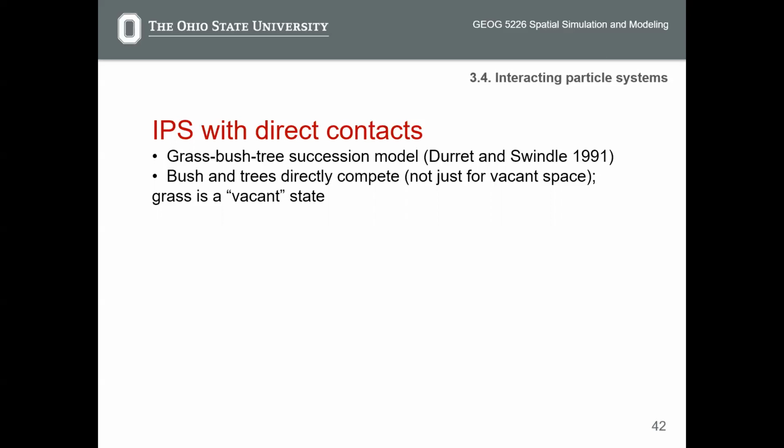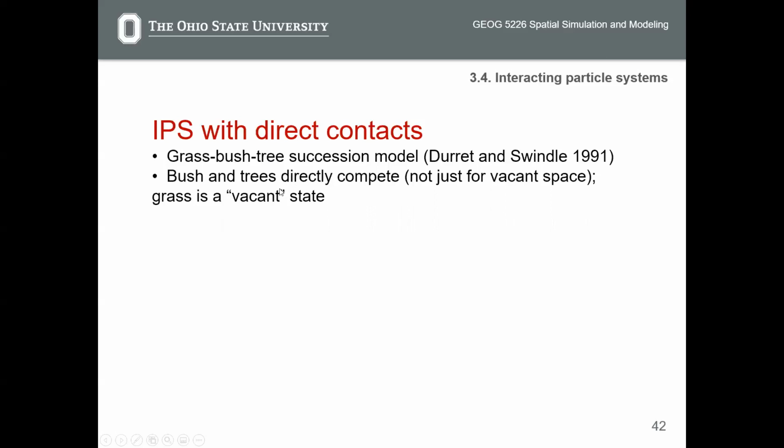Sorry, I said 3 states. It should be 2 states, 1 and 2, bush and tree. Let's just consider 0 or grass as non-state. Okay, so 0, 1, 2. Okay, and the bush and trees directly compete, which means that tree can beat bush.